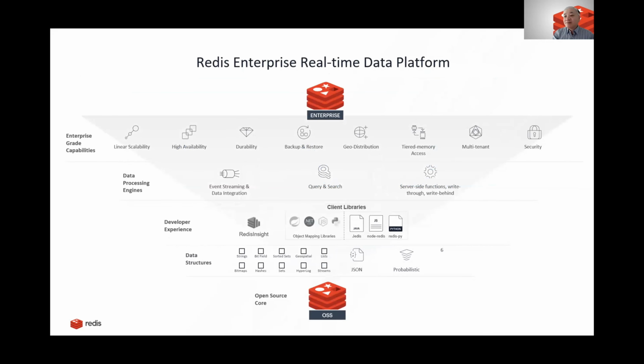So why Redis Enterprise? I'm sure, hopefully, everyone is familiar with Redis. Redis Enterprise is really built on top of the most loved cache and database solution, the Redis open source.